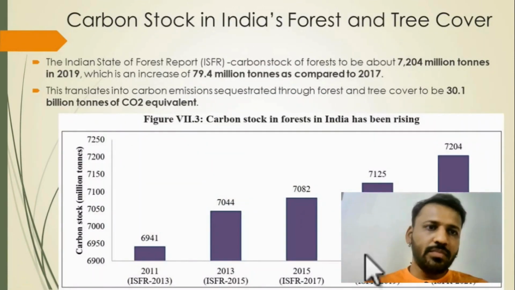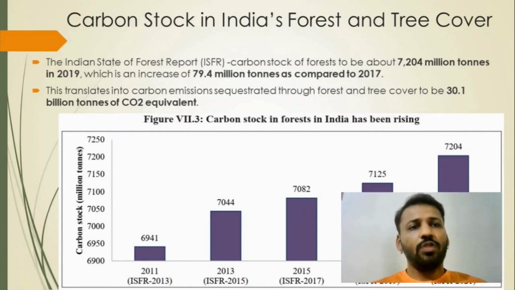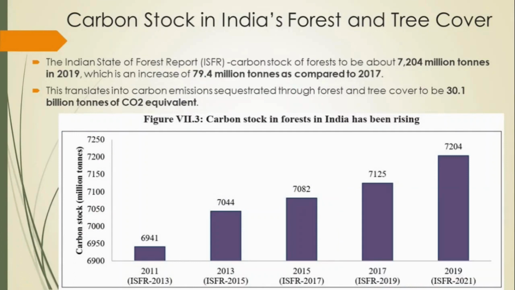Now, the survey also talks about the carbon stock in India's forest and tree cover. Here it gives a complete graph from 2011 to 2019. The report which has been published is known as the India State of Forest Report, published just 2 years back in 2021.